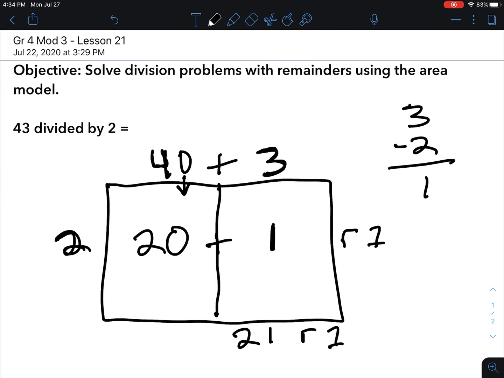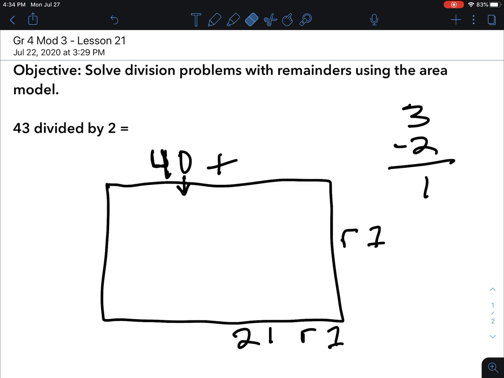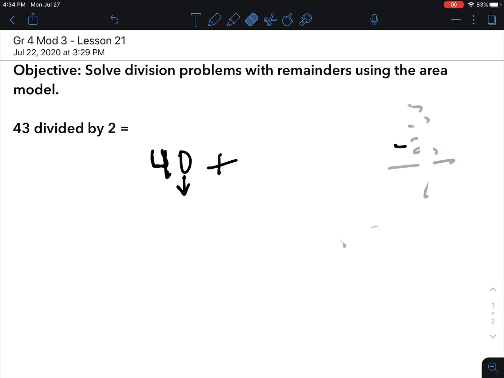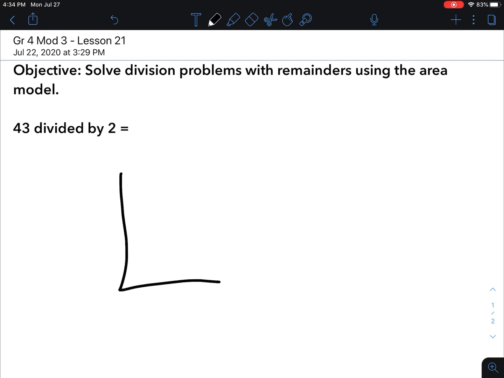So remember, I add these two together, and my answer would be 21 remainder of 1. The only difference between this lesson and the previous one is you're going to have a number left over. So let me show you one more time what to do with that remainder before I have you do one on your own.